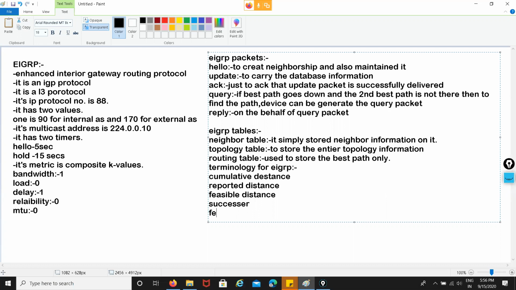And second is the feasible successor. Okay, this is the specific terminology.